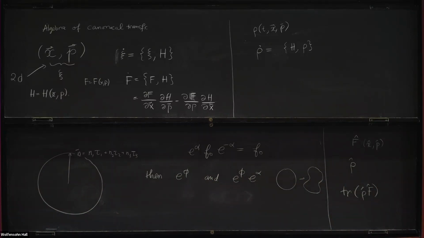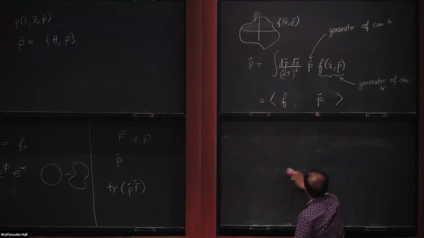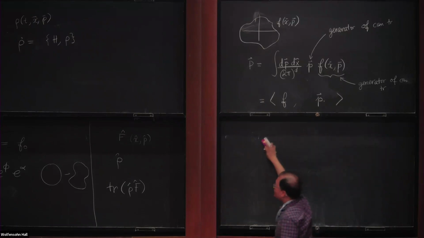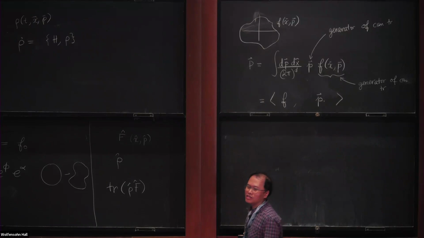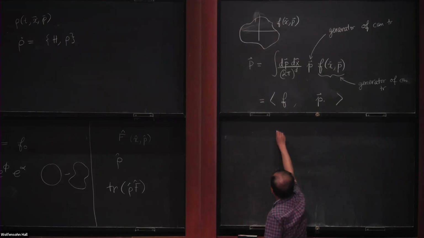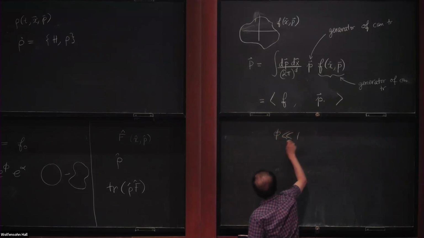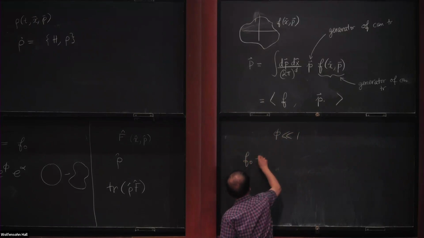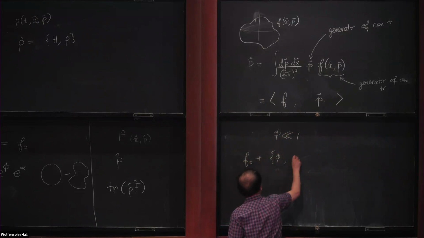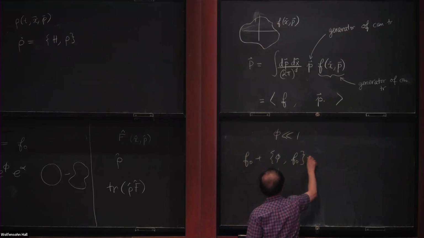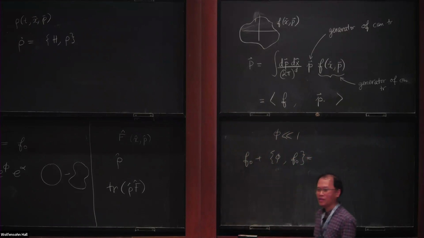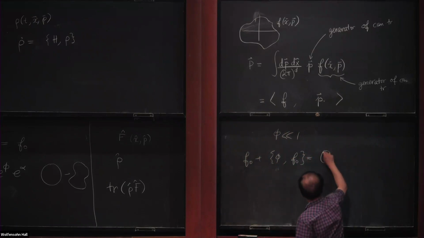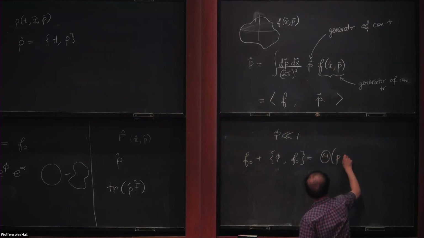Suppose I have a function phi, and then I compute. Let's assume phi to be small, so that we can limit ourselves in this series f0 plus phi f0 to only the first term. f0 is the theta function of p_F minus p.